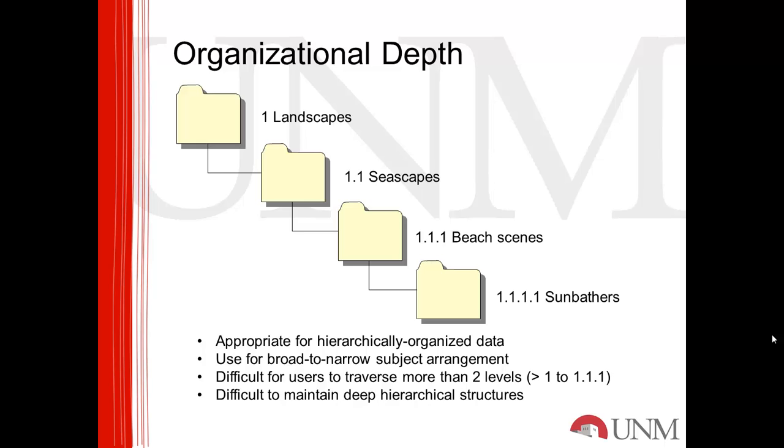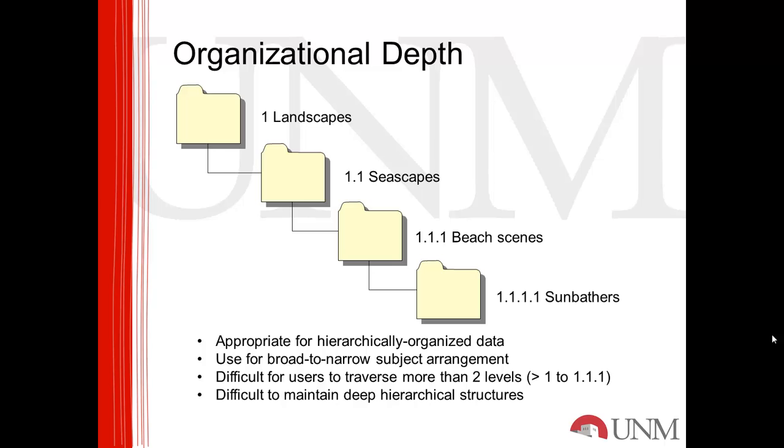This is appropriate for very hierarchically organized data, but the problem with a deep organizational structure is that, again, it becomes hard for users to browse this structure beyond 2 or maybe 3 at the most levels of specificity.